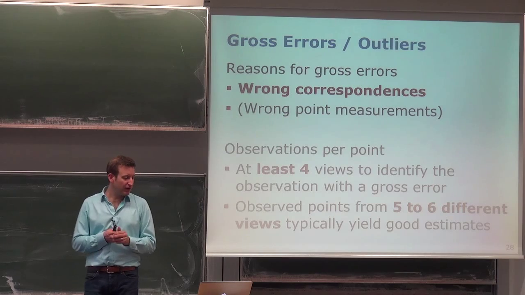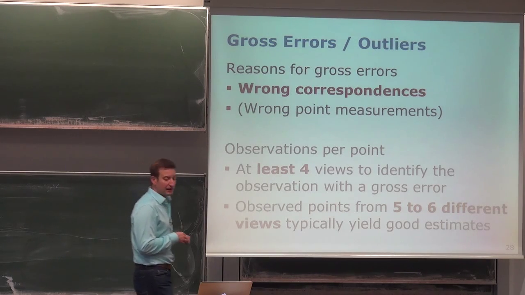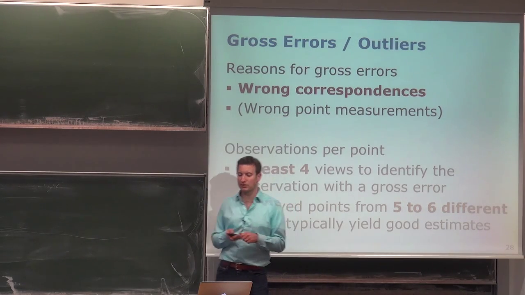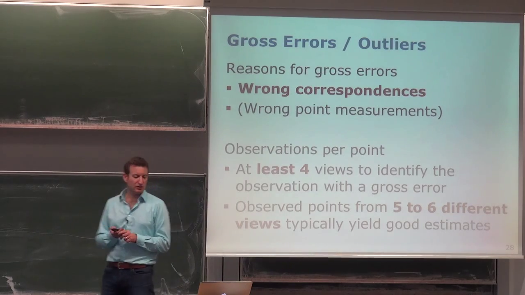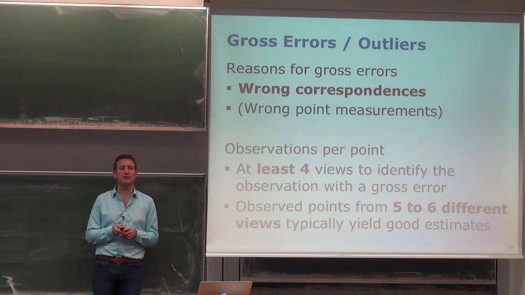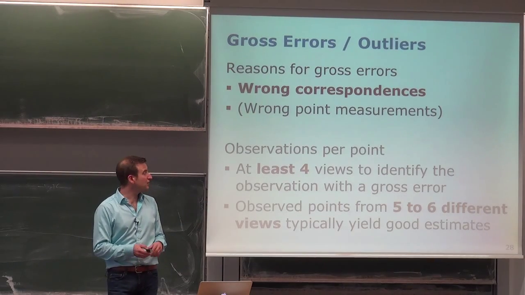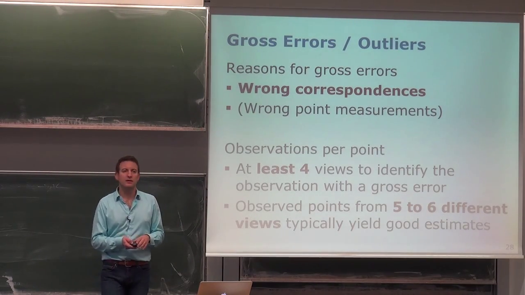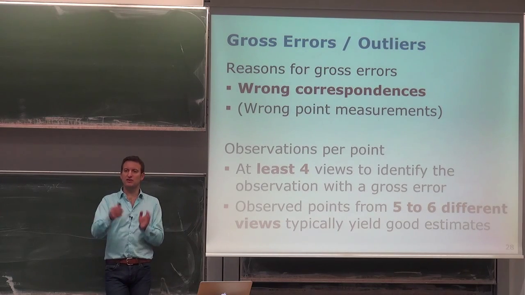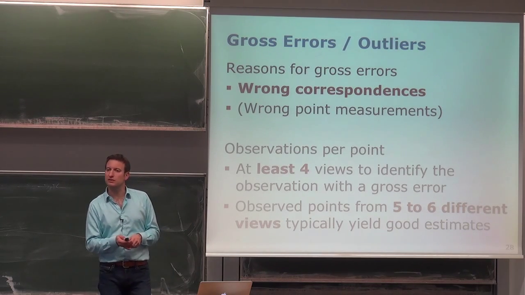So then the question is, how do I eliminate those gross errors in practice? And how do I also obtain an initial guess? Given that we have this large set of images, we typically break all the images down into small chunks of images.